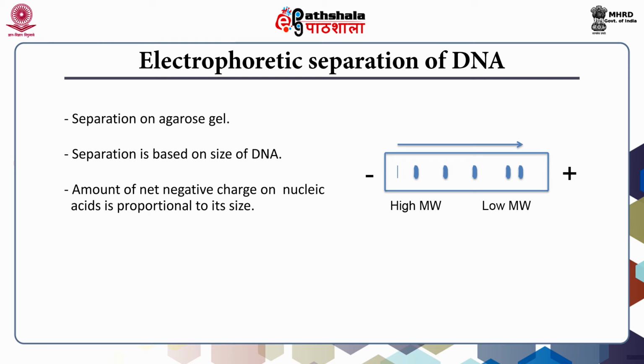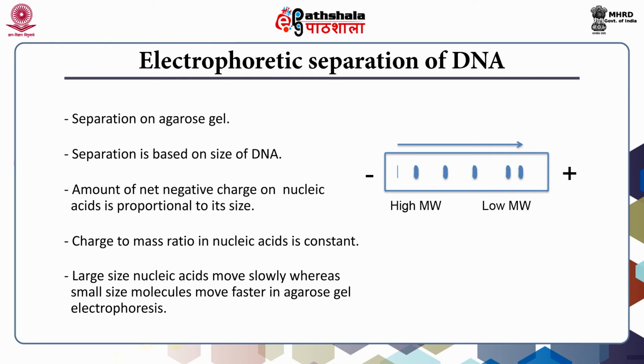Nucleic acids have negative charge, and the amount of net negative charge is proportional to size of nucleic acid. So, charge to mass ratio of nucleic acid is constant. Large size nucleic acids move slowly, whereas small size nucleic acids move faster in agarose gel electrophoresis.